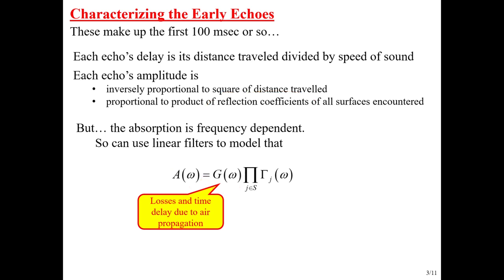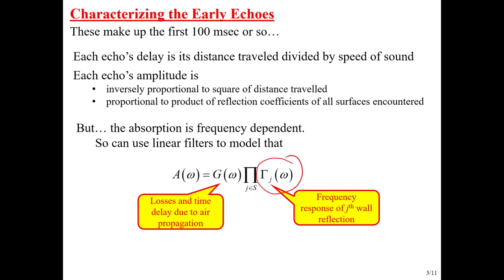But then this is the frequency response of the j'th wall, and this set S is the set of all the walls that this particular echo has encountered on its path. So that just gives us a little way of thinking about how to model this, and we'll come back to this later in our notes.